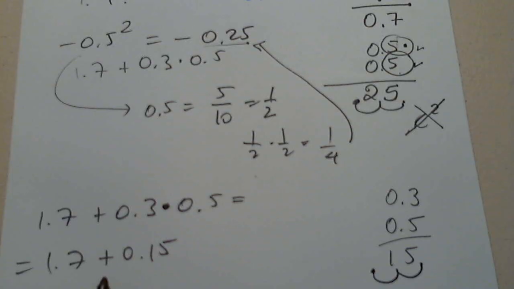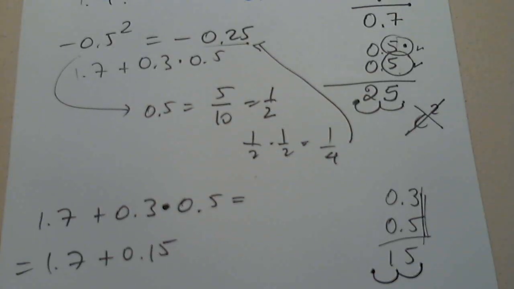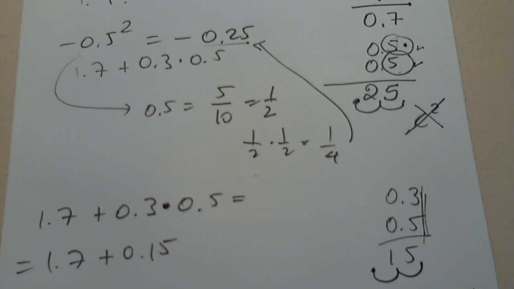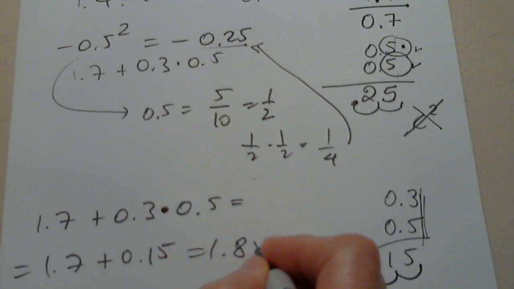But because I'm adding them, I have to line up the decimal point. In multiplication I don't have to. So here I have a 5 and an 8 and a 1, and I copy the decimal point. So this is 1.85.